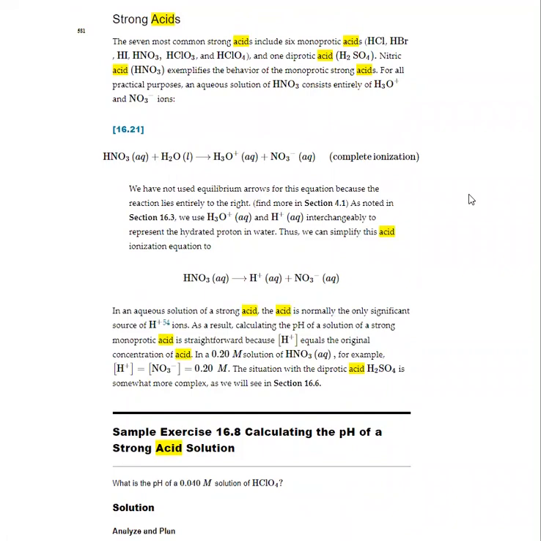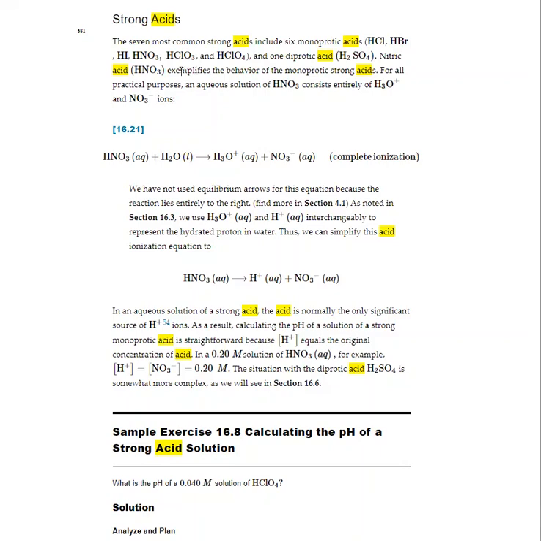The 7 most common strong acids include, and this is important to memorize, HCl, HBr, HI, HNO3, HClO3, and HClO4. The easiest way to remember that is HCl, so chlorine, bromine, iodine, that's all in the same group.